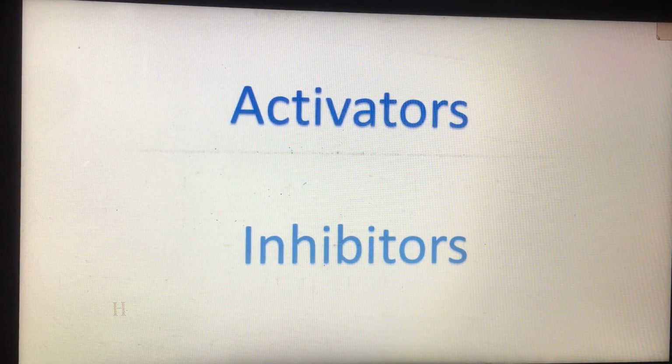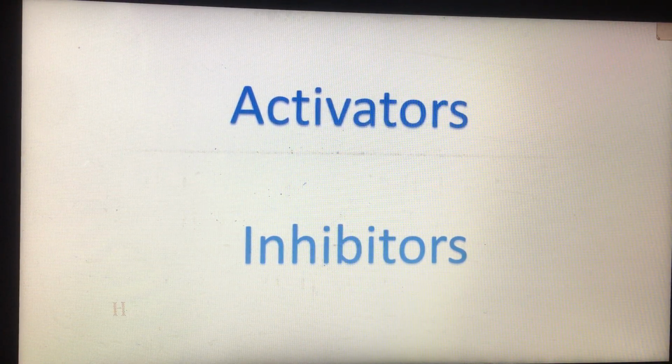Chloride ions are essential for the activity of the salivary amylase. So here, chloride ions work as activators because they make the binding of enzyme to the substrate more likely.